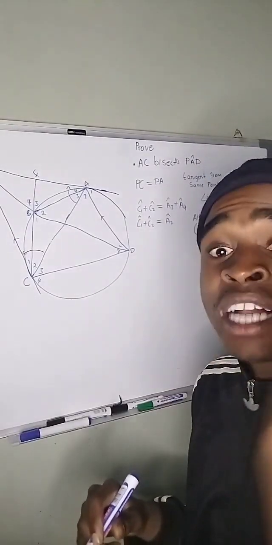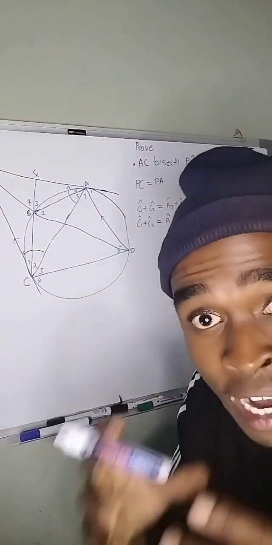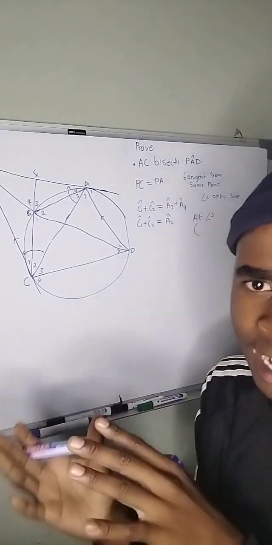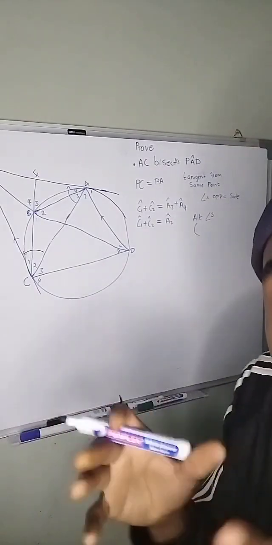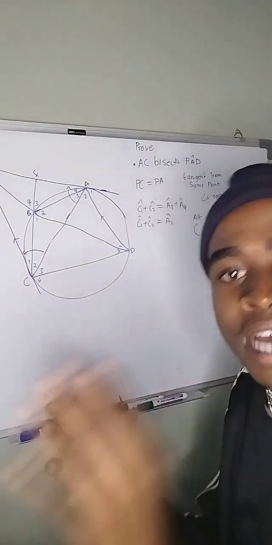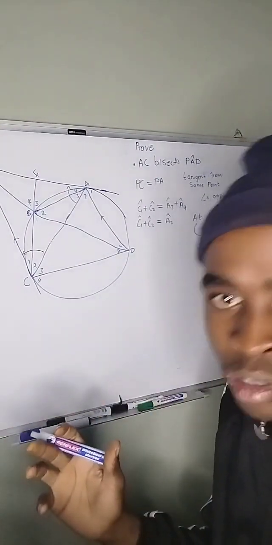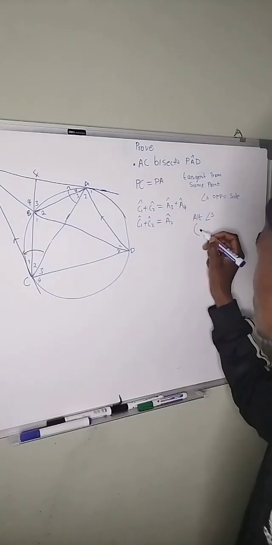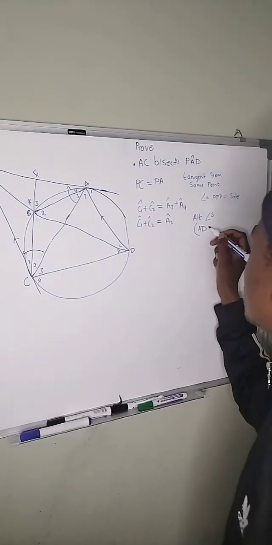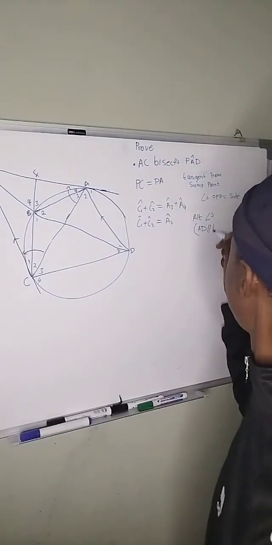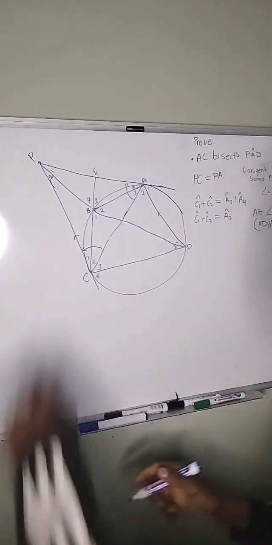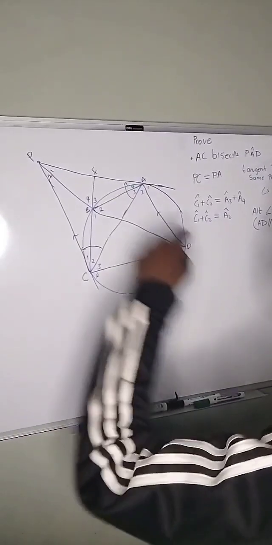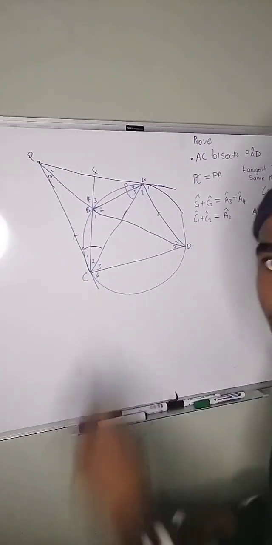Whenever you are dealing with alternate angles, you have to specify which lines are parallel. You don't just say alt angles and leave it like that. So I'm going to say AD is parallel to PC.